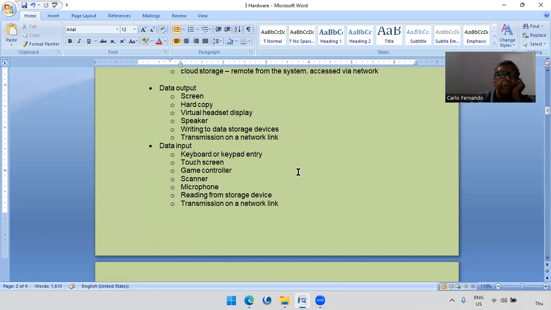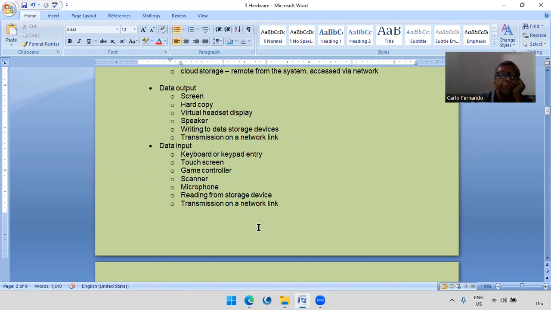Writing into data storage devices, the hard disk: from the memory, RAM, the CPU will transfer the data to the secondary storage devices. So that is going out. Transmission on a network link is also output, because we are going from your computer to another place.